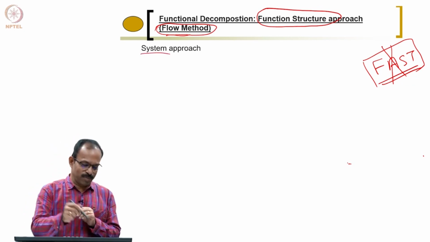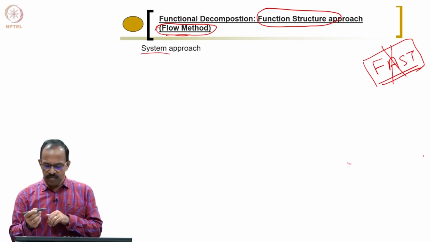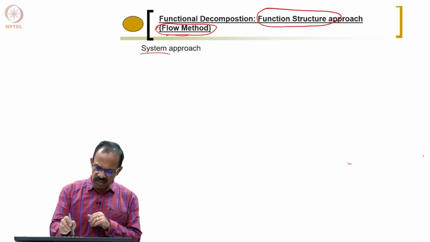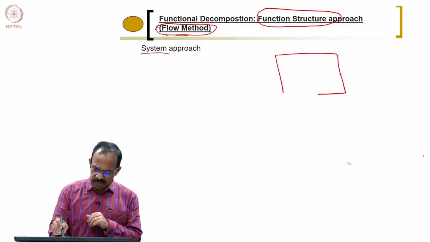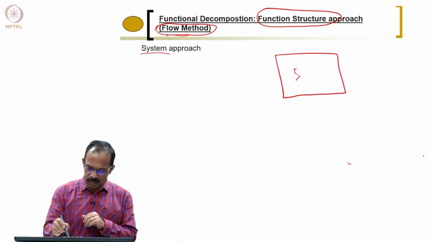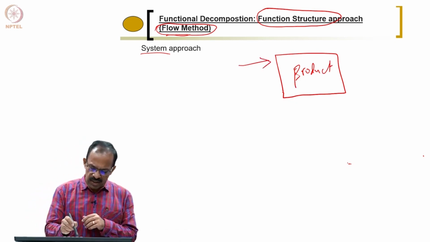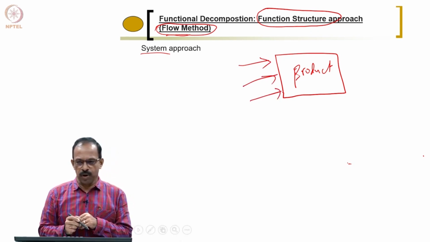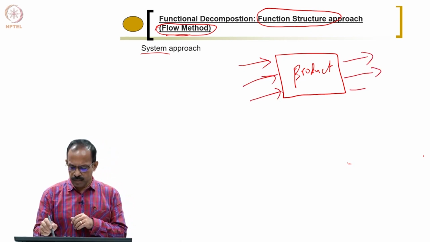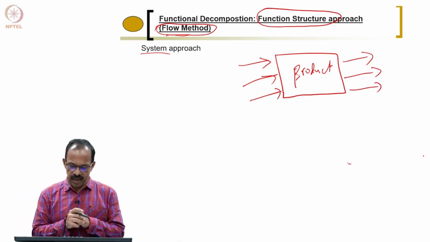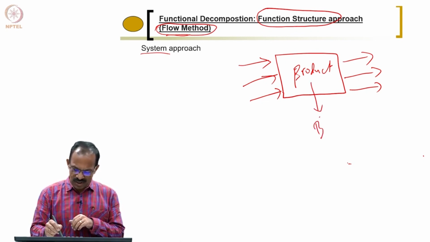We call this a system approach also, because in this approach we consider the product as a system. So, we consider this as a system, or we call okay, this is the product, and we assume that something is going into the product and something is coming out of the product, and this is the black box where things happen inside.